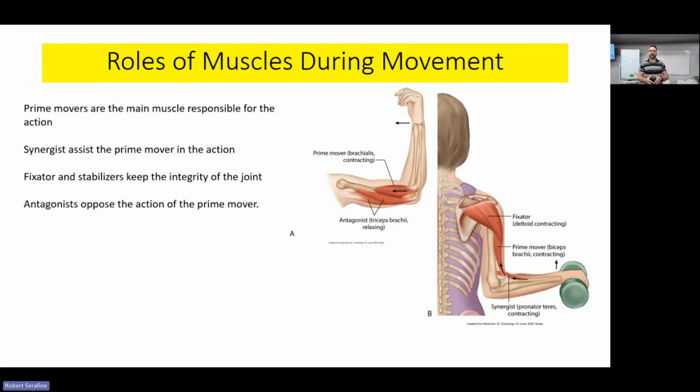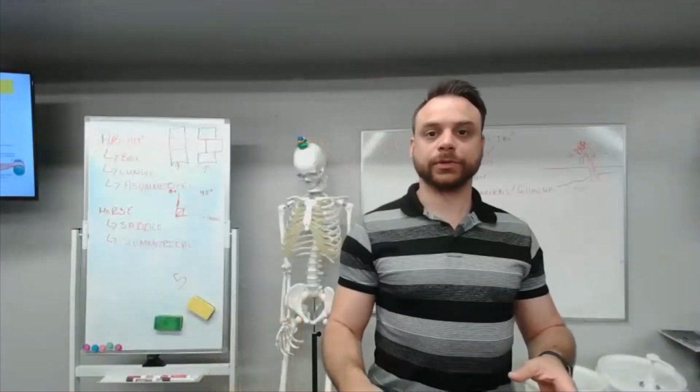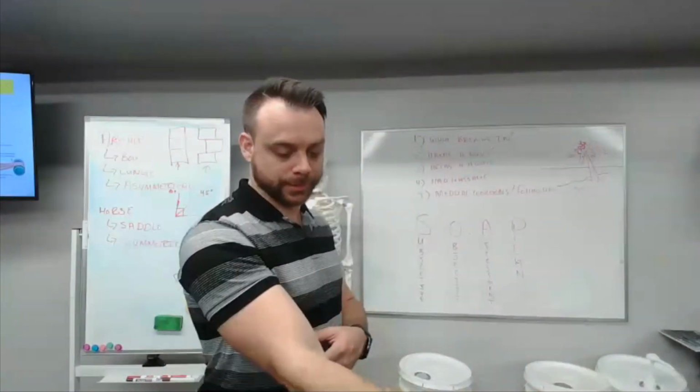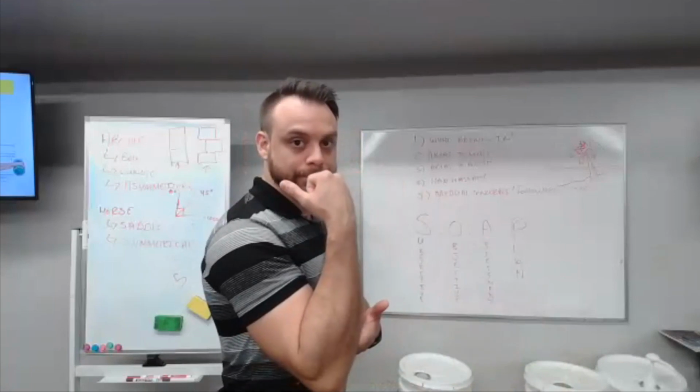So a prime mover, again, is all revolved around the action in which we're observing. Let's say we're going to observe flexion being produced at the elbow joint, the humeral-ulnar joint. Flexion of the humeral-ulnar joint looks like this.